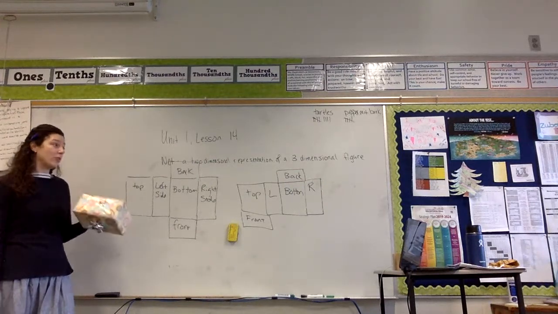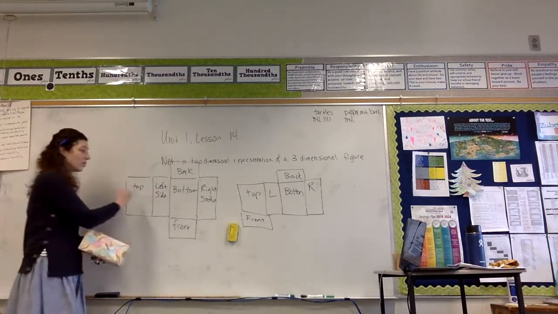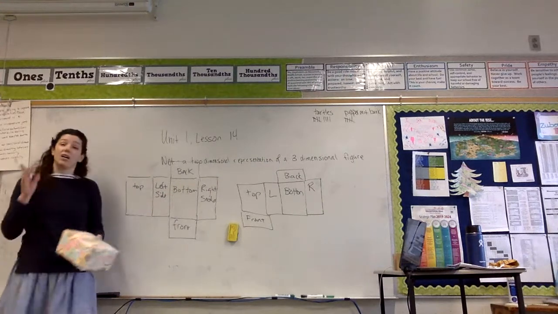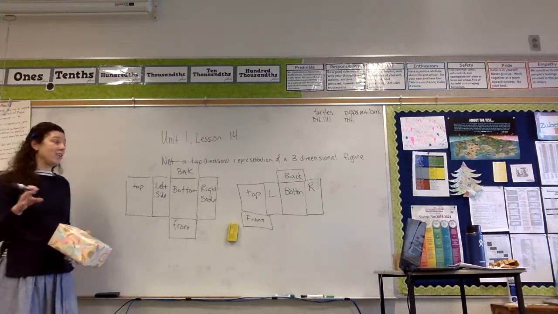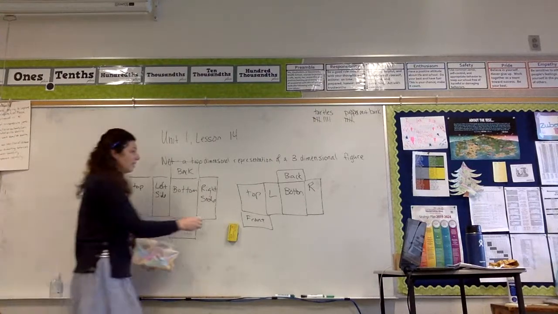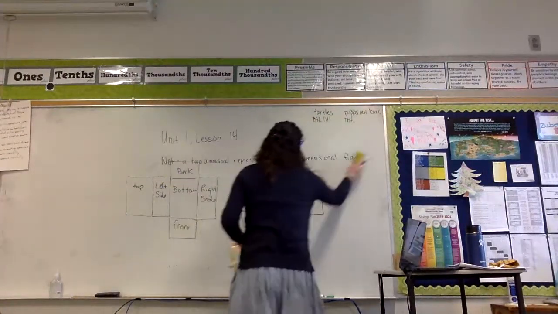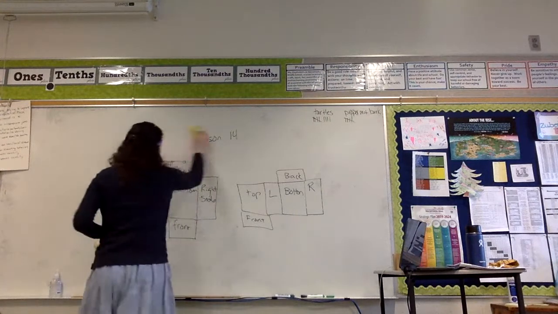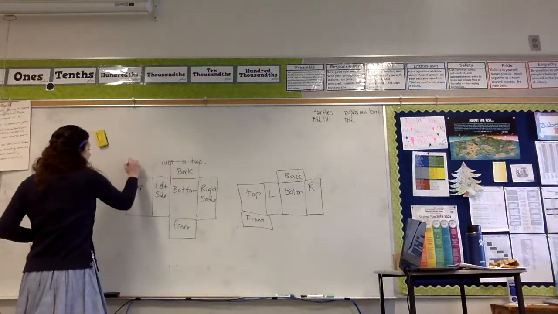Now I could also have all 6, 1, 2, 3, 4, 5, 6 of the rectangles that make this, and I could put them together in a way that is not a net, okay? So a way that would not work, so these are nets.